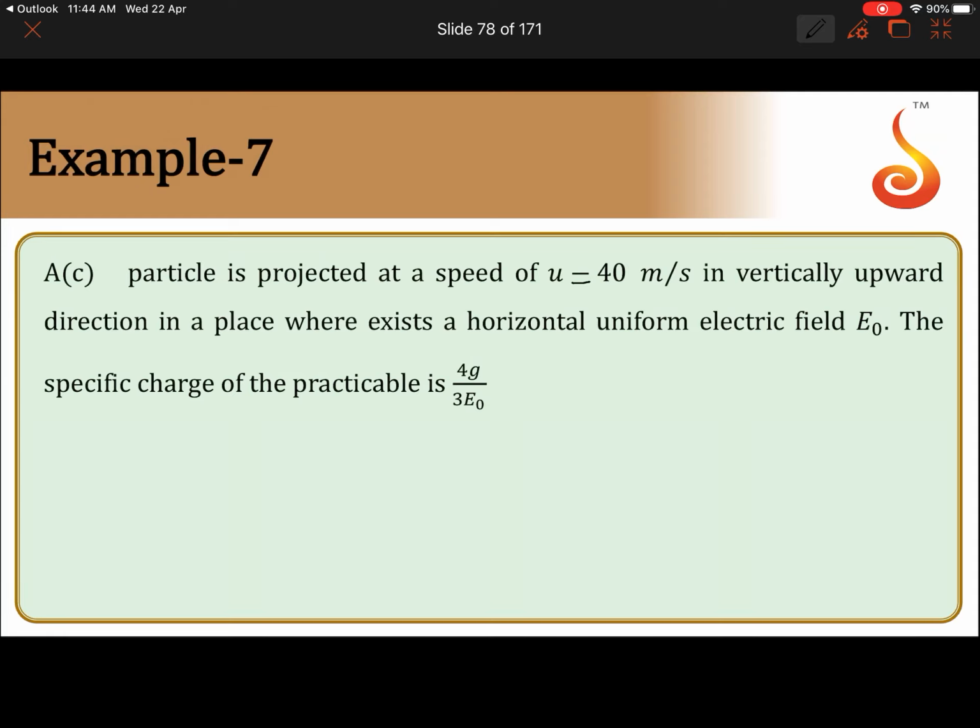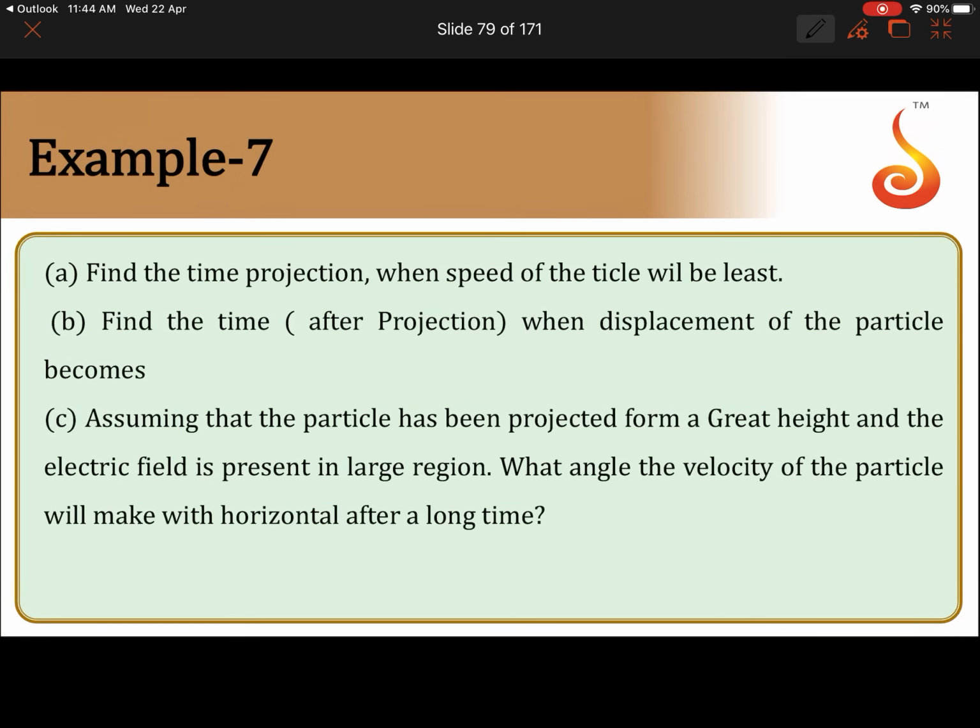in a place where there exists a horizontal uniform electric field E naught. The specific charge is this. Find the time after projection when the speed of the particle will be the least.